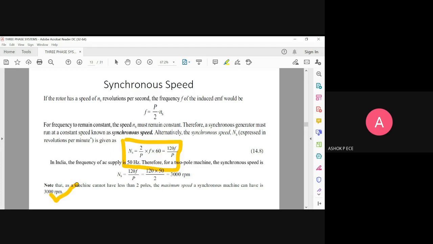You cannot have a machine with one pole, because you need an even number of poles to complete one full cycle of EMF, correct? So the minimum is two, and the maximum speed possible is 3000 RPM. A synchronous machine can never run at a speed above 3000 RPM. It will be only less. The maximum is 3000 revolutions per minute.